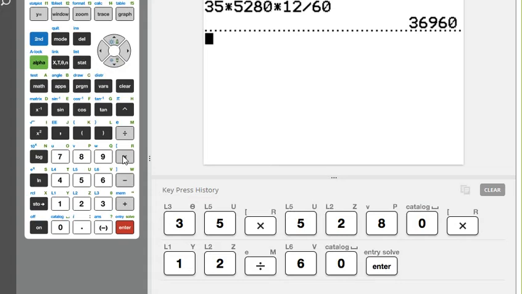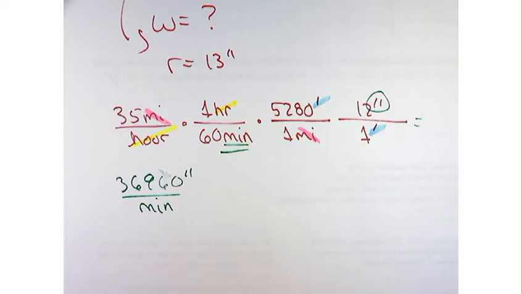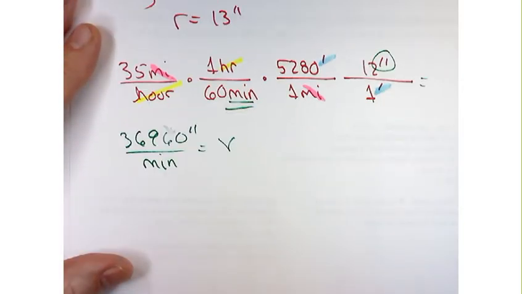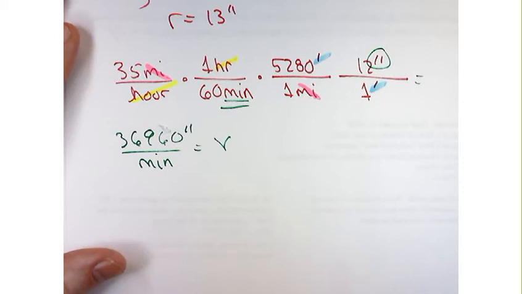So 36,960. And that's going to be in inches per minute. And let me slide back over to here. Beautiful. So that's our nu, or our V. Probably easier to think of it as V.